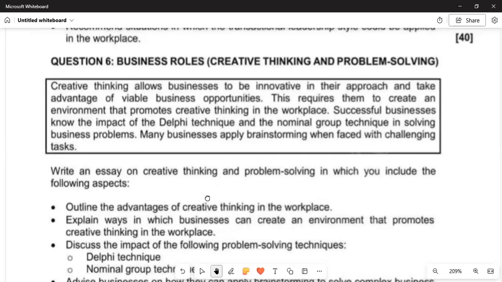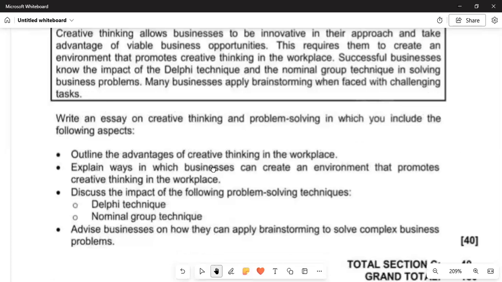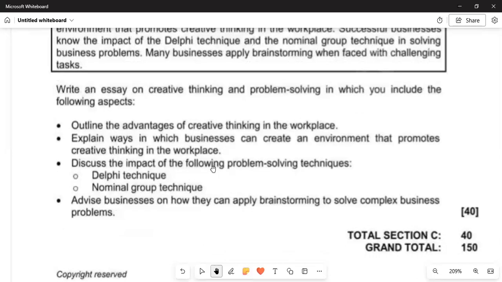All right. Then moving on now to the question itself, they say write an essay on creative thinking and problem solving in which you include the following aspects. Number one, outline the advantages of creative thinking in the workplace.